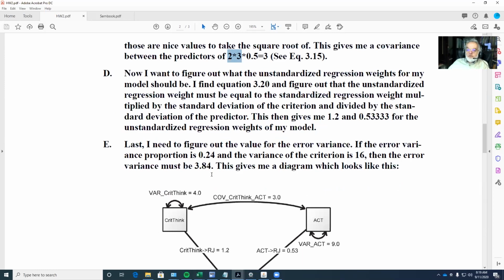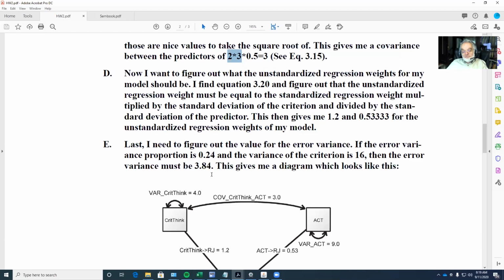Now I've got the covariance and the variances of my predictors, and I need to figure out what the unstandardized regression weights for my model should be. In the handout, 3.2 tells you the formula for an unstandardized regression weight given a standardized regression weight.